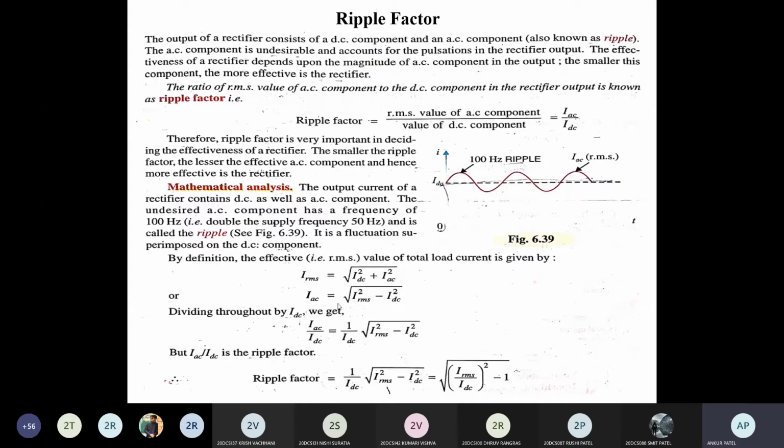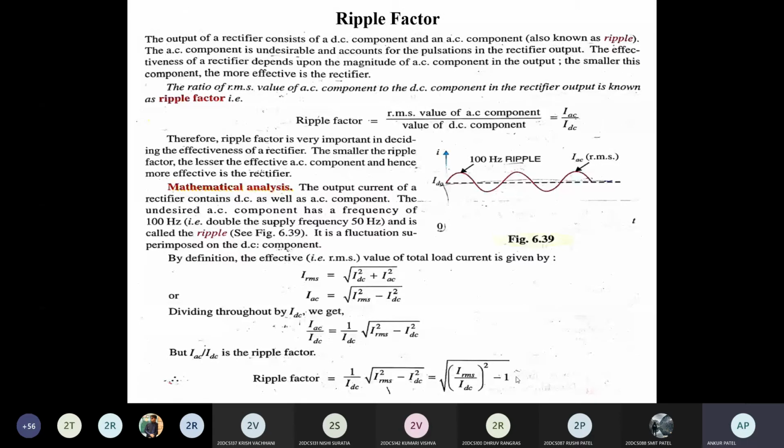Dividing throughout by I_DC, we get I_AC by I_DC equal to 1 upon I_DC under root of I_RMS squared minus I_DC squared. Now we know I_AC upon I_DC is the ripple factor, so it is equal to 1 upon I_DC into under root of I_RMS squared minus I_DC squared. By rearranging the equation, under root of (I_RMS upon I_DC) whole squared minus 1.